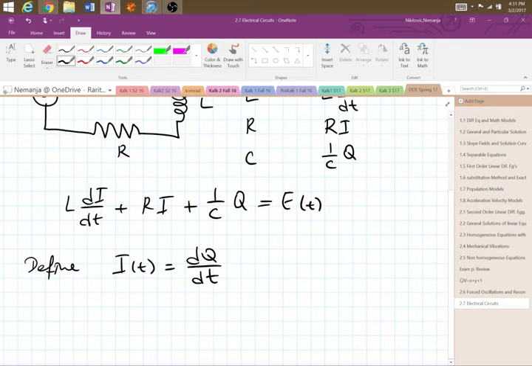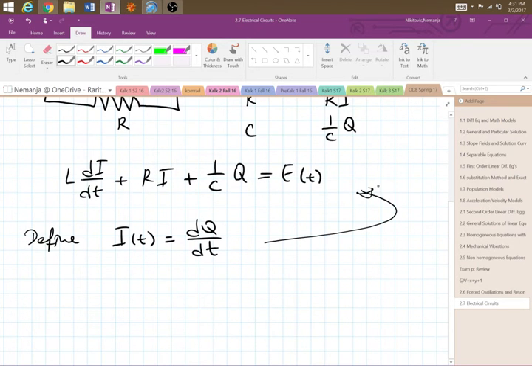If we just have a charge sitting somewhere, it doesn't do anything. But if the charge starts changing, which is the derivative with respect to time, you are experiencing a flow of current. So now I'm going to plug this into the equation above and see what I get.